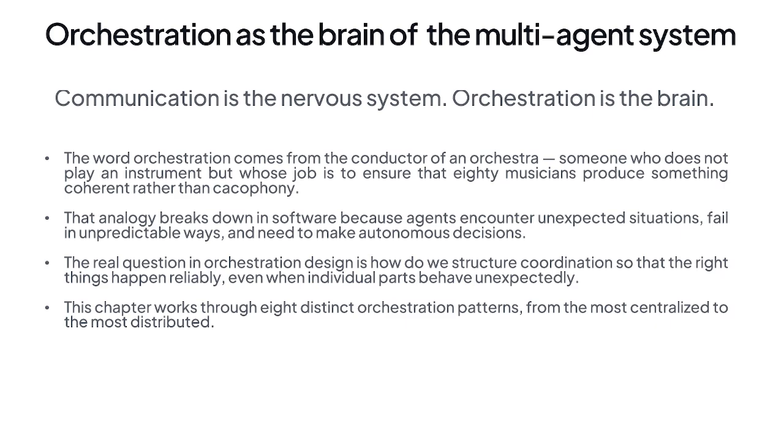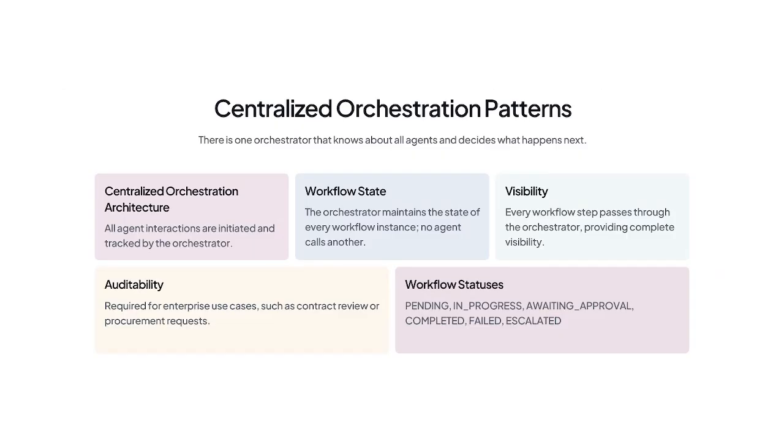That is the work of an orchestrator. So now let's look at the 8 orchestration design patterns that we explain in the book with code or guide. The first one is the centralized orchestration pattern. This is used when workflow matters, when compliance is important, when an audit trail is required, when approval gates are needed in the system, and when global consistency matters.